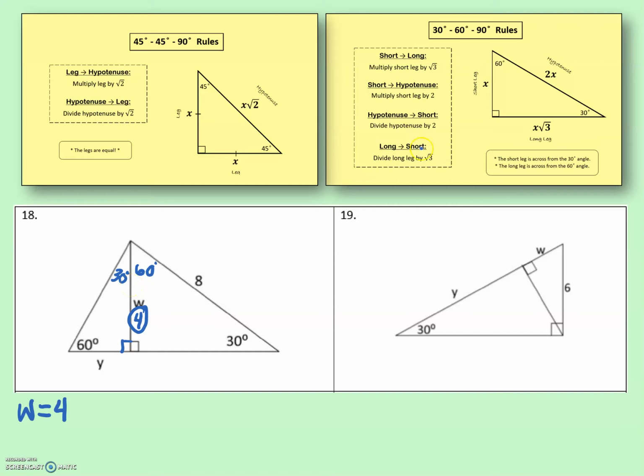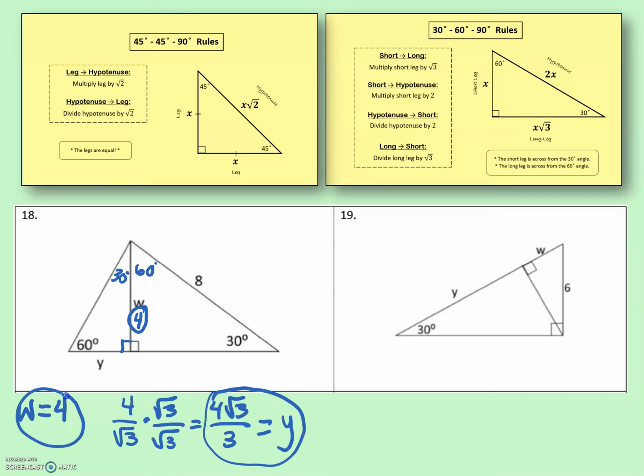To get from the long leg to the short leg, we're dividing that by radical 3. So that's going to be 4 over radical 3, but we know that we need to rationalize that because we can't have a radical in the denominator. So we multiply that root 3 over root 3, and we get 4 root 3 over 3. And that's going to be our value for Y.